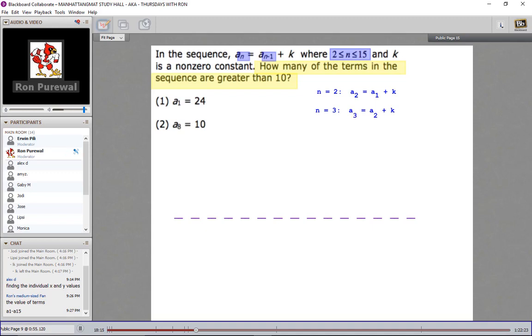Etc. Same sort of pattern all the way until you get to n is 15, in which case the statement is a sub 15 is a sub 14 plus a constant. So you got to have all these terms. I mean, you have to have all the terms from A1 all the way through A15. Smiley face, if that makes sense.